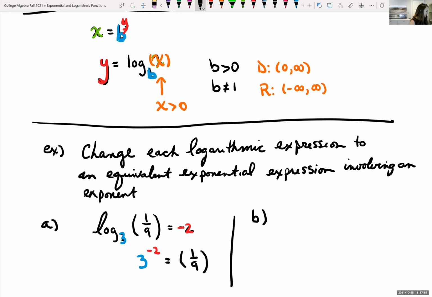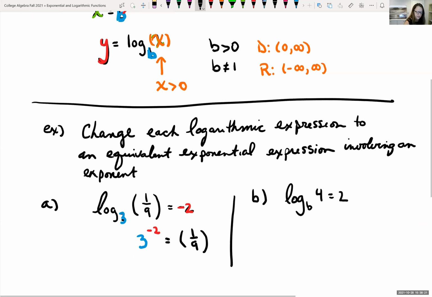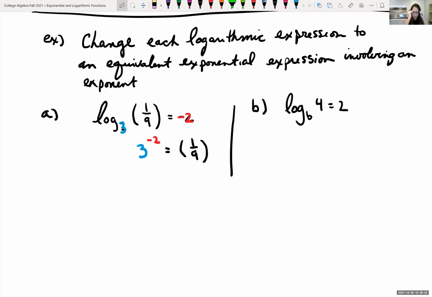Now let's say you had log base b of 4 equals 2. When we write this in exponential form, we can actually solve it.